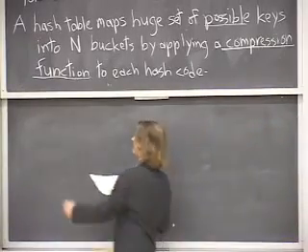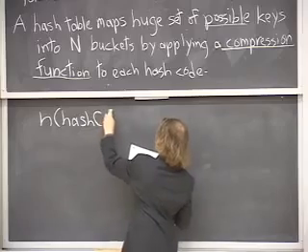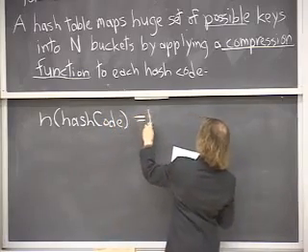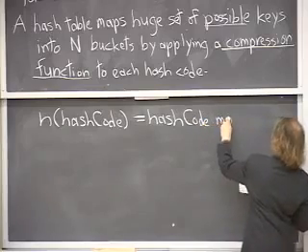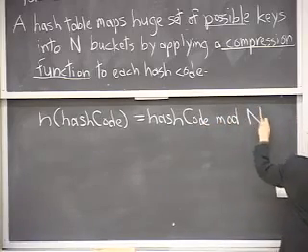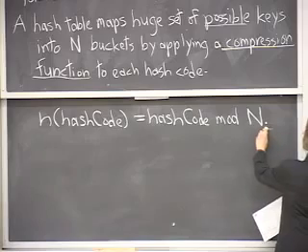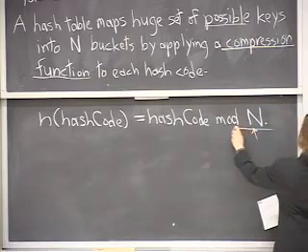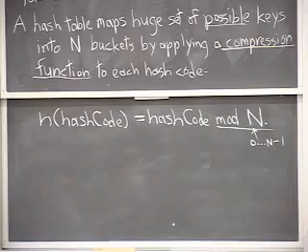Here's the most obvious and simple one. So just by taking the hash code and going, I'm going to take that mod N, where N is the number of buckets. Now I have a number between 0 and N minus 1. And so everything fits in my table now.